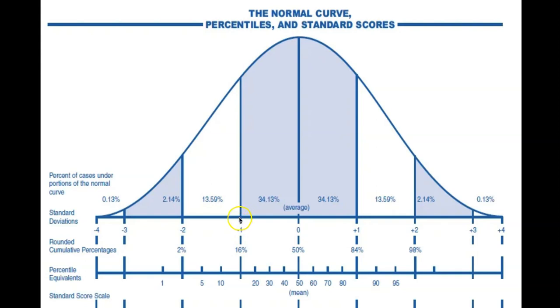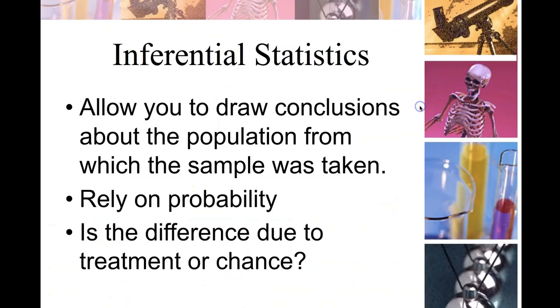So it's once we get below 1 standard deviation of the mean that we get to lower than average, and maybe talking about somebody who has a disorder or has a lot of difficulty doing whatever that task is. So I hope that made sense. Okay, now, those are all descriptive statistics.